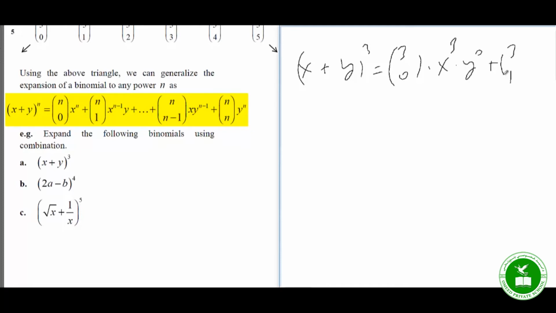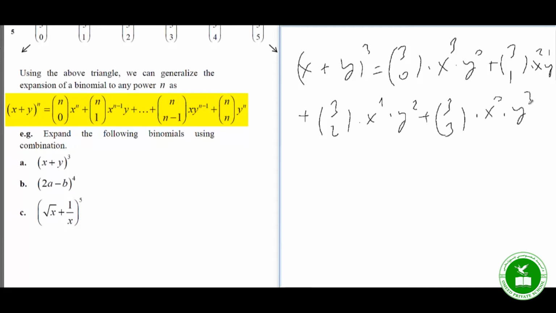the combination of 1 from 3 times x to the power of 3 minus 1 times y to the power of 1, plus the combination of 2 from 3 times x to the power of 3 minus 2, which is 1, times y to the power of 2, plus the combination of 3 from 3 times x to the power of 3 minus 3, which is 0, times y to the power of 3.